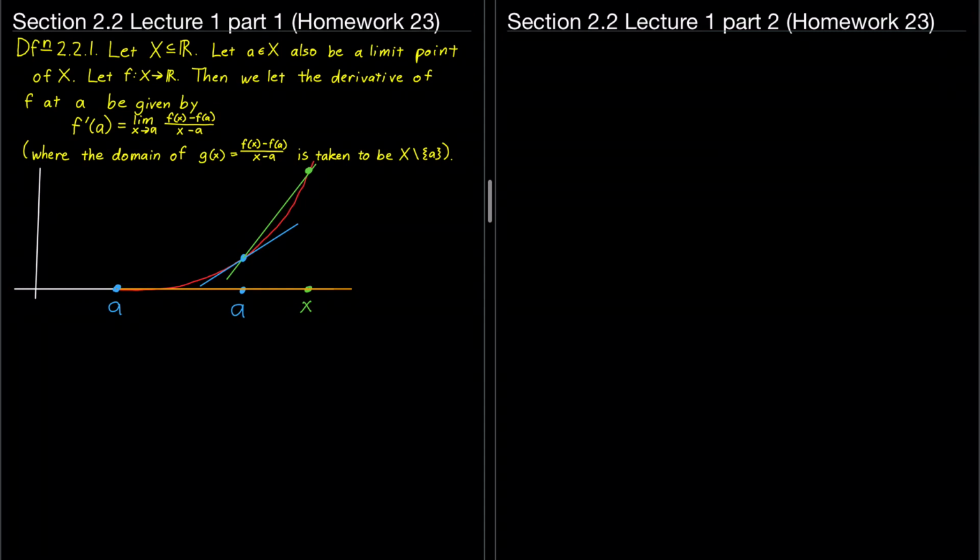Now in the example on the right, your secant lines, that's the lines that go through both f of A and f of X, are getting closer to the tangent line from both sides, but for our endpoint here, your points X are approaching from one side, your tangent lines are approaching from one side.